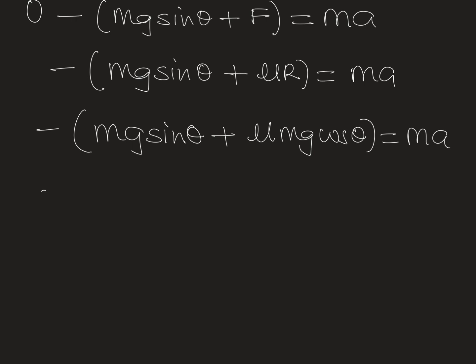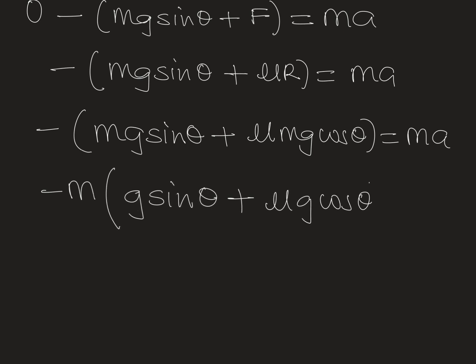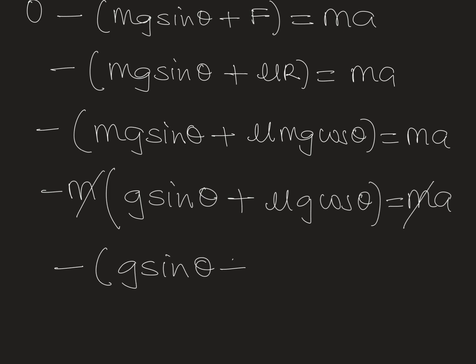So that will be minus m into g sine theta plus mu g cos theta, equal to ma. So m will cancel m. We're going to have minus into g sine theta plus mu g cos theta is equal to a.